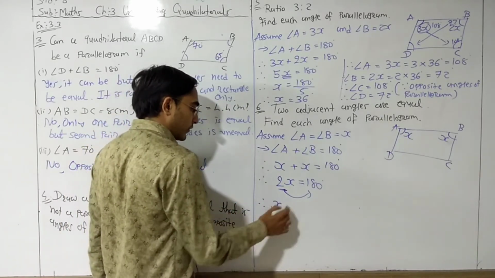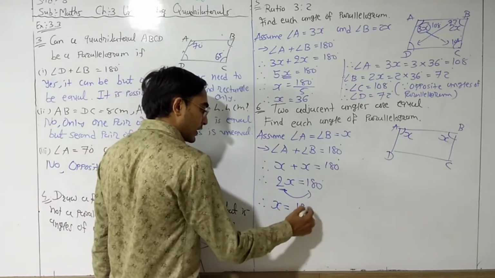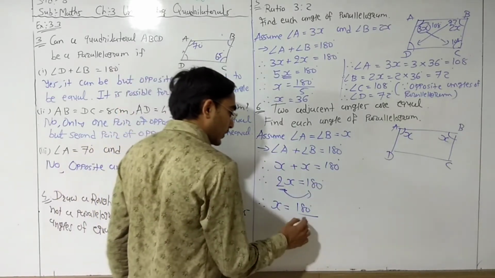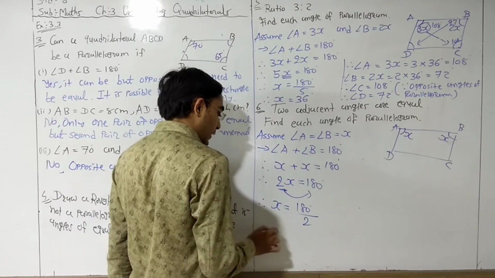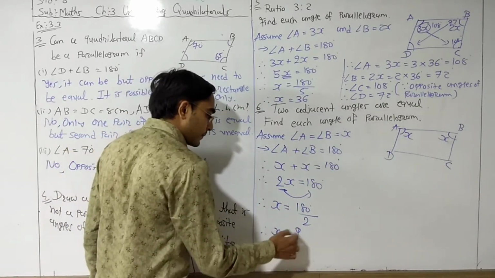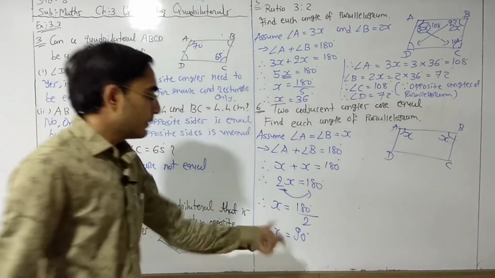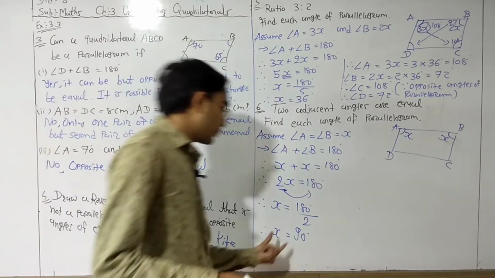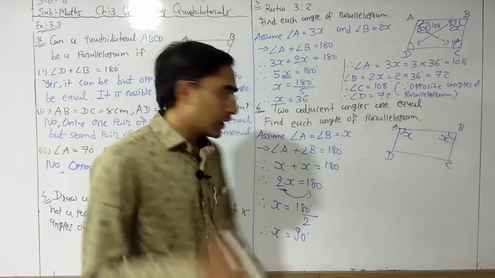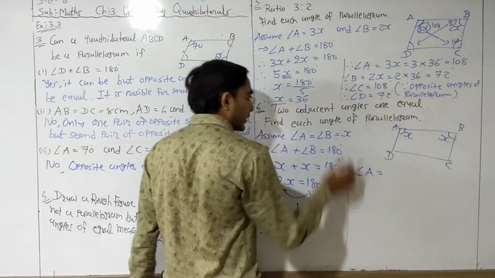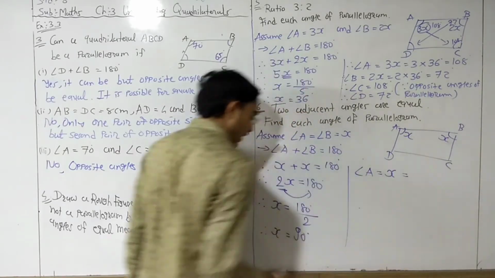So here x is equal to 180 degrees. If we transfer this 2 to the right hand side, it goes to the denominator, right? So x is equal to 180 divided by 2, which is 90 degrees. Okay, so here we get the value of x. Now we need to put this value in angle A and angle B. So angle A is equal to x, that means 90 degrees.